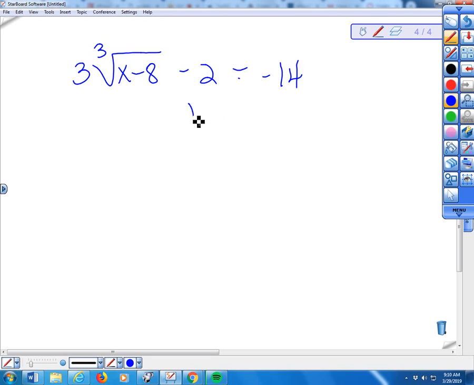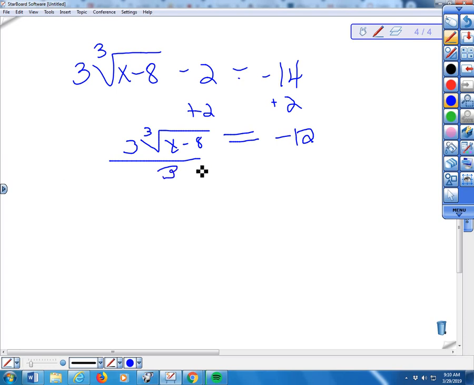Add 2. So then I get the 3 times the cube root equals negative 12. When I divide negative 12 by 3, negative 4.